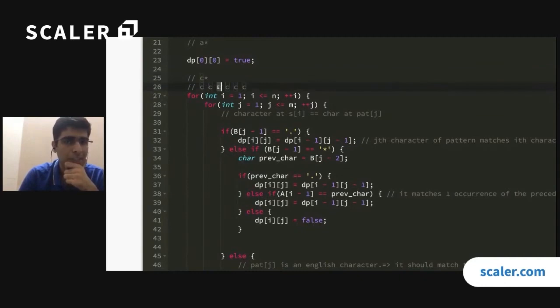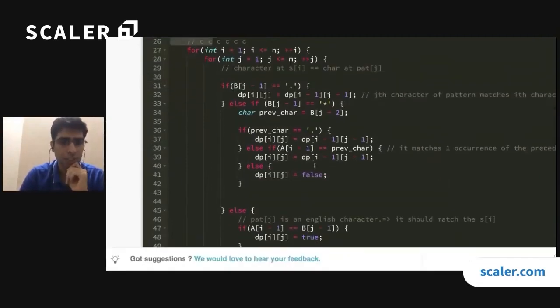When I will be computing this dp state, I will get this matches this, which is false, right? This can also match this. So actually, I should return, else if string i minus 1 is equal to the previous character, dp i j is equal to dp i minus 1, j, because this will take care of the second occurrence of it as well, right? Take care of multiple occurrences.